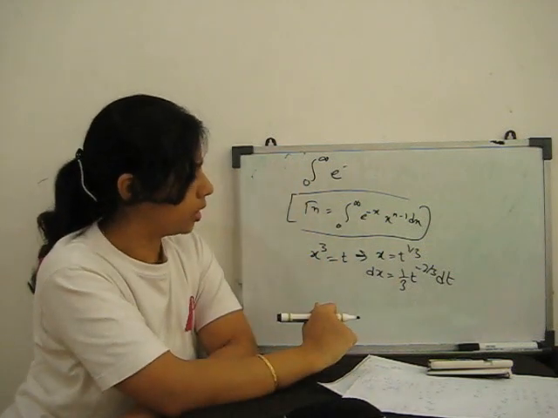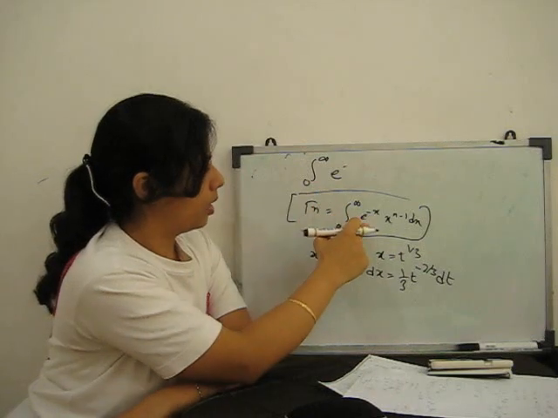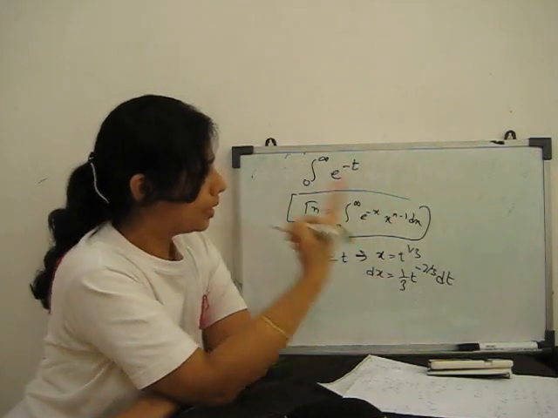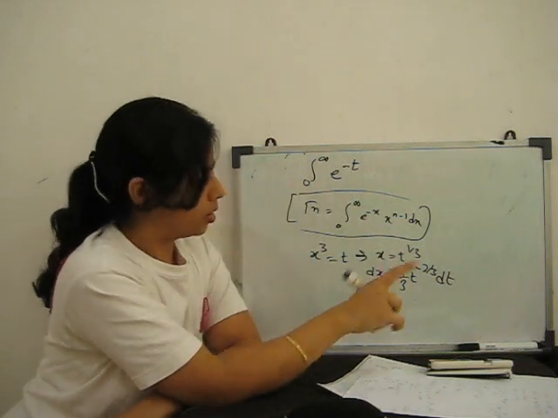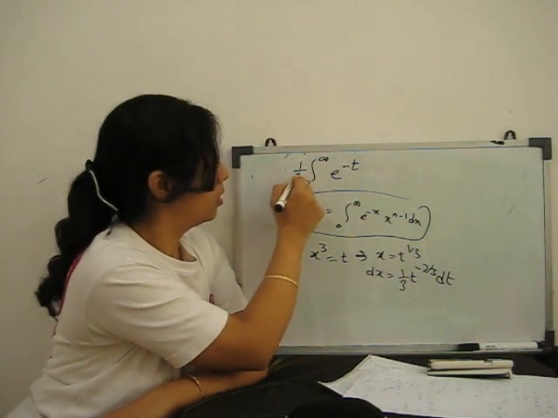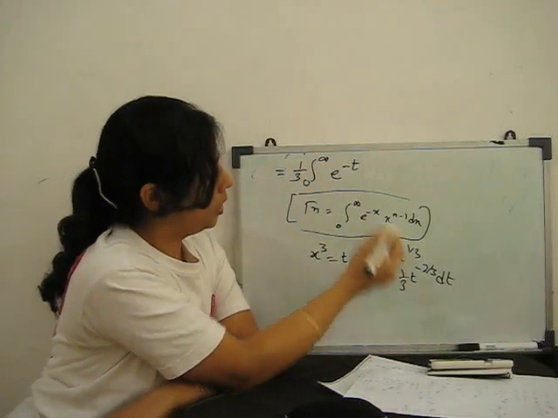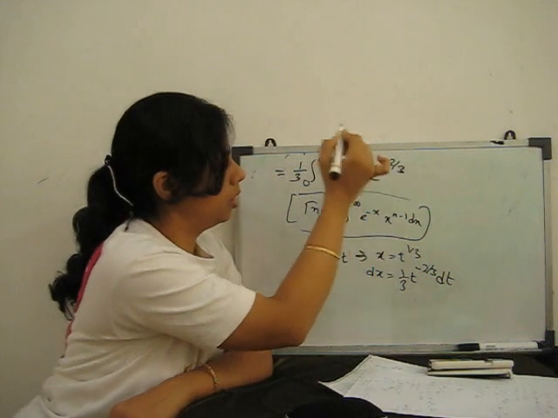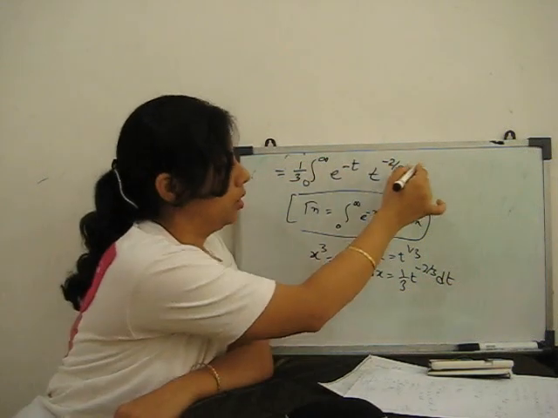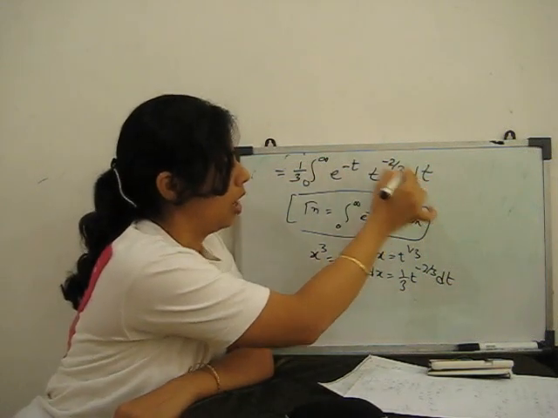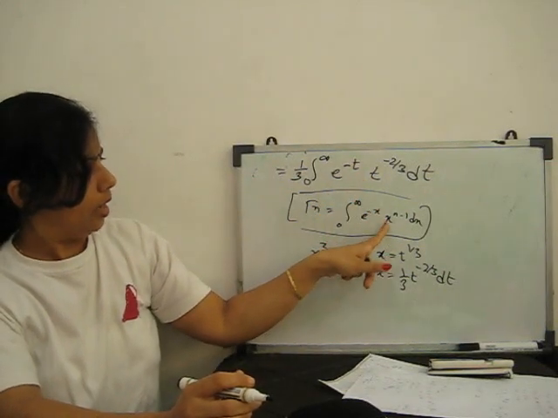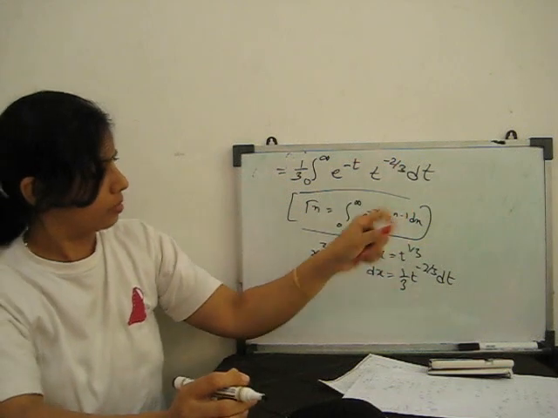So the limits are the same. e to the power minus x cube means e to the power minus t. Then dx is 1/3 t to the power minus 2/3 dt.